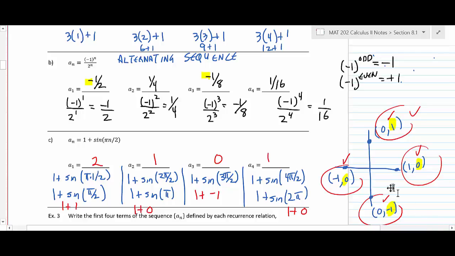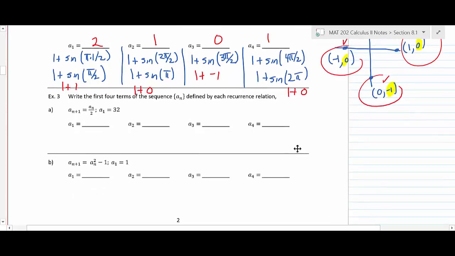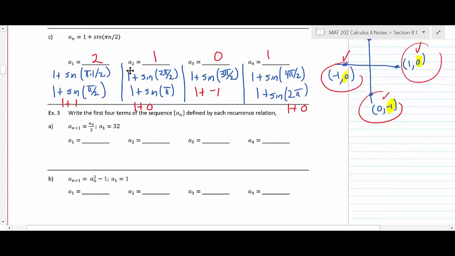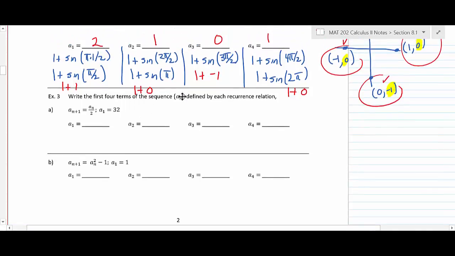All right, so that's one thing you want to be able to do, list out terms in a sequence. Now, these are explicit formulas. Now let's learn how to do the implicit formulas. You want to be able to generate these as well. This is an implicit formula on example 3, whereas the ones we just did were explicit.